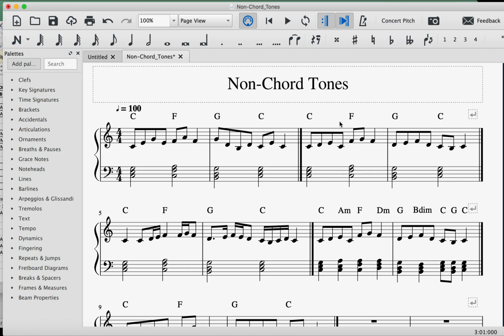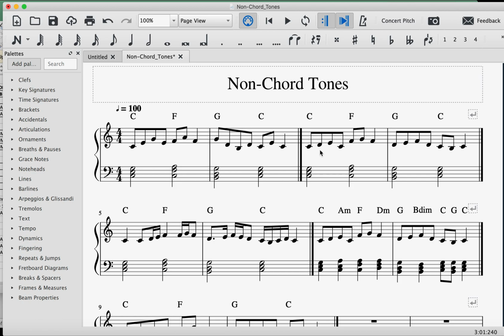So let's take a look at this first 2-beat section here. We've got the C chord, and we have C, D, E, and C. Okay, well, I know that C and E are part of the C major chord, but D is not part of the C major chord, so that's a non-chord tone. And this type of non-chord tone is called a passing tone, or a passing note.